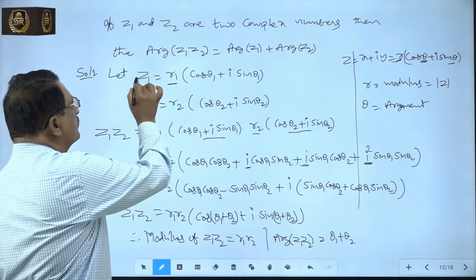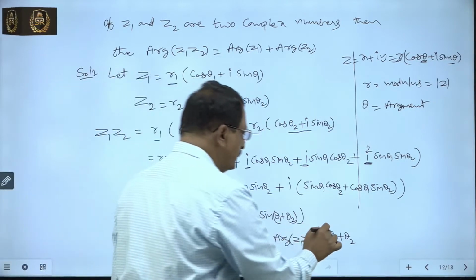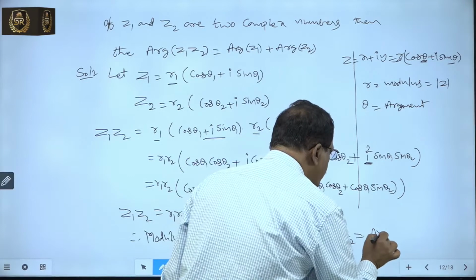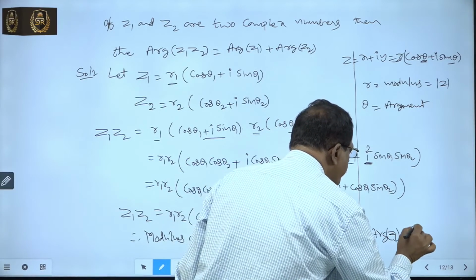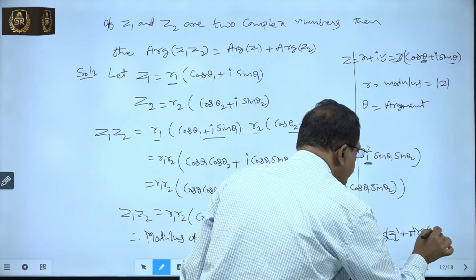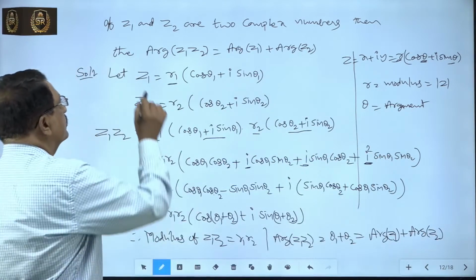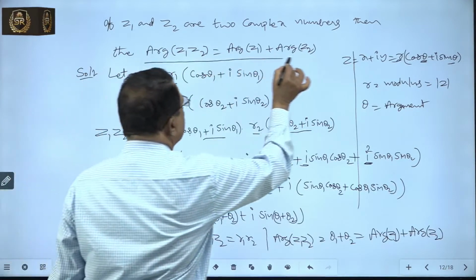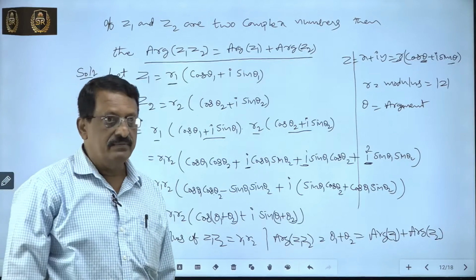But theta 1 is nothing but argument of Z1, and theta 2 is nothing but argument of Z2. That equals argument of Z1 plus argument of Z2. Therefore, argument of Z1 into Z2 equals argument of Z1 plus argument of Z2.